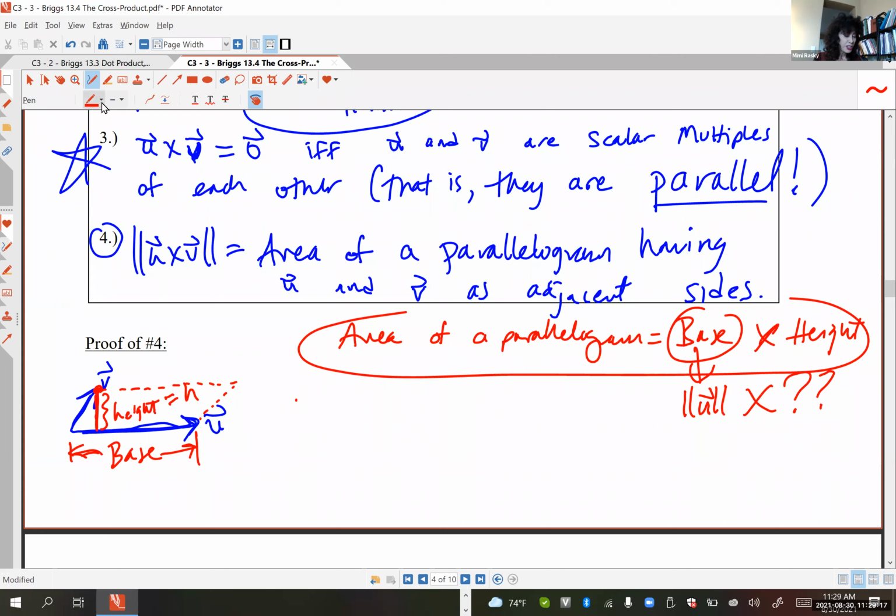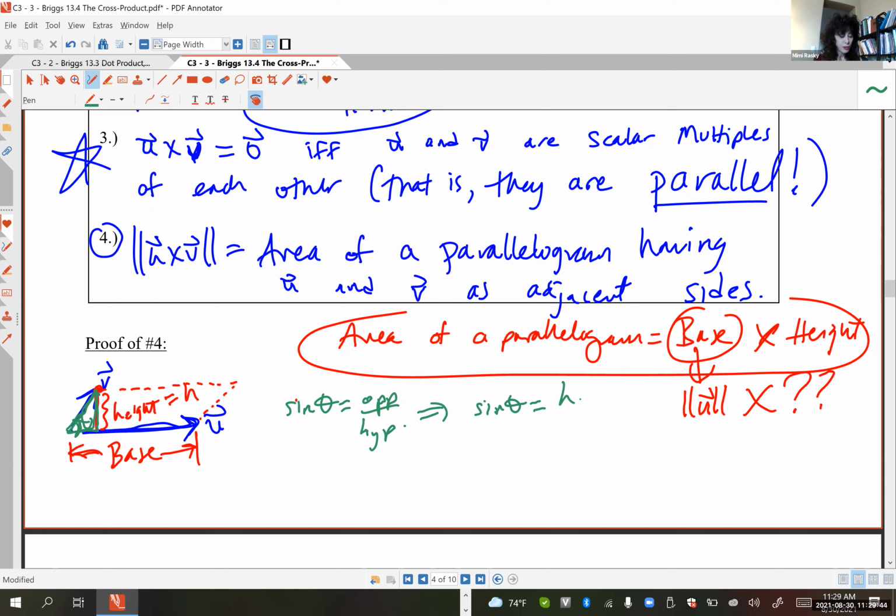So if you can imagine the right triangle that I'm sort of creating here, there's a right triangle. And what do we know? We know that sine theta from trigonometry is opposite over hypotenuse, okay? And theta would be the angle that U and V make with each other. So what I can say here is sine of that angle, theta, would be the opposite side length.